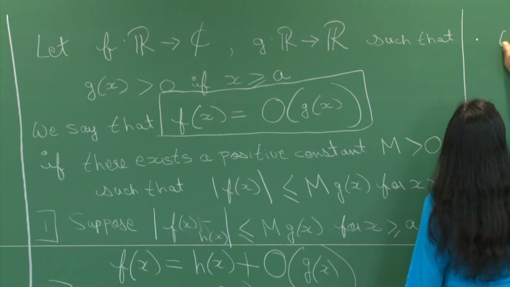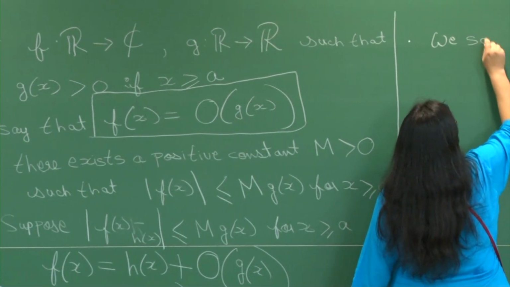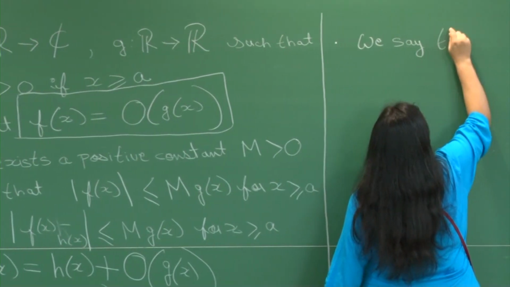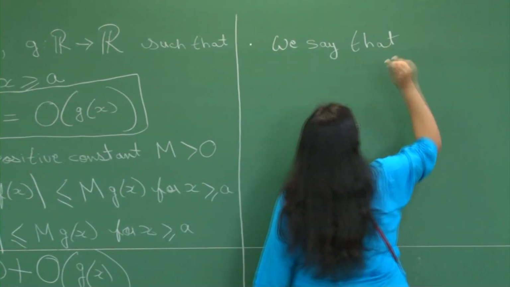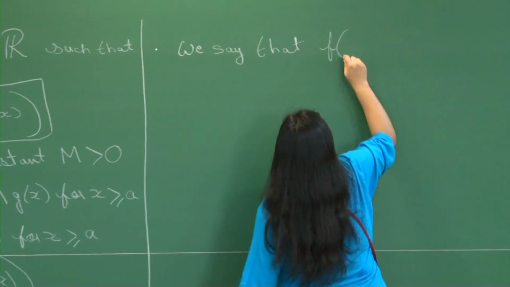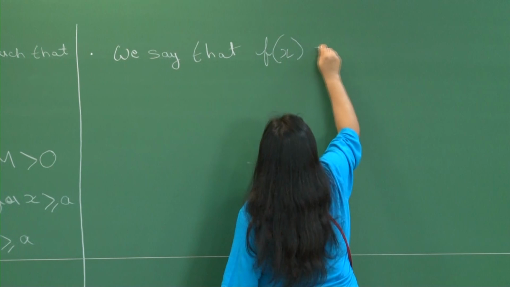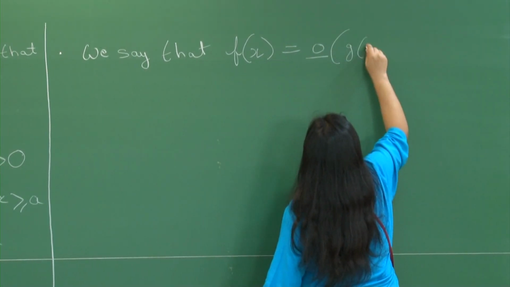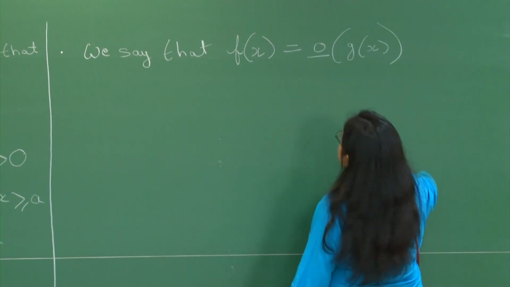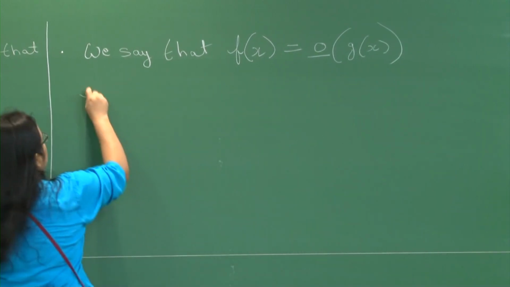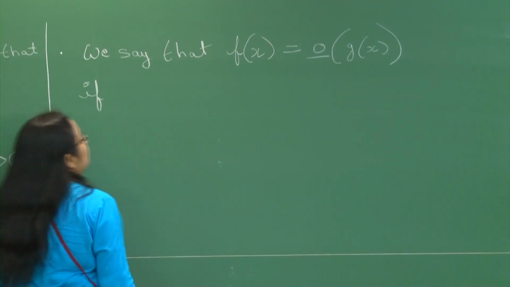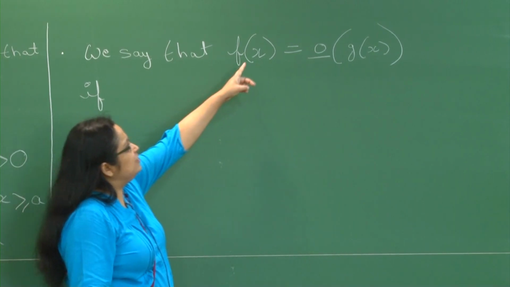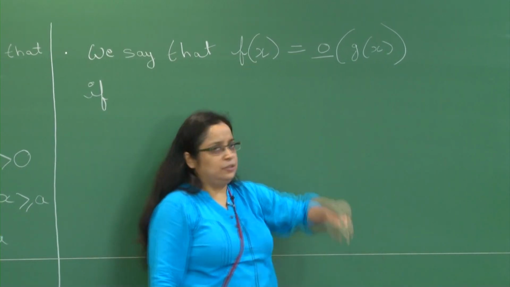We say that f of x is little o of g of x if the growth of f is really small as compared to g.